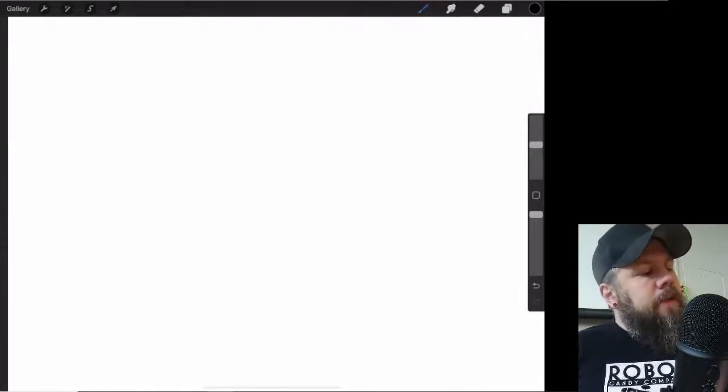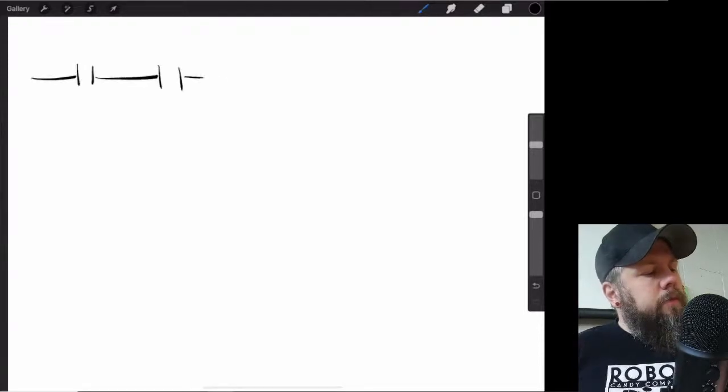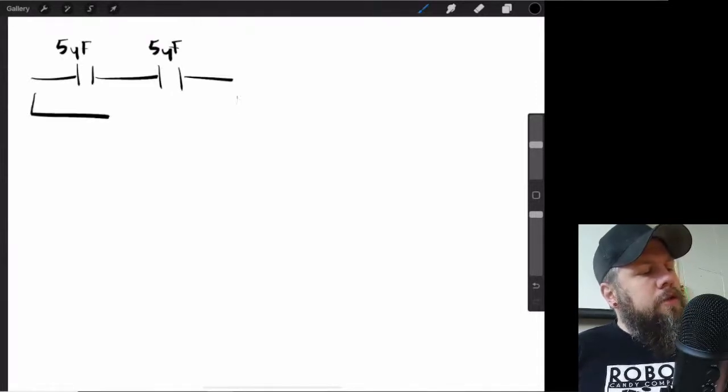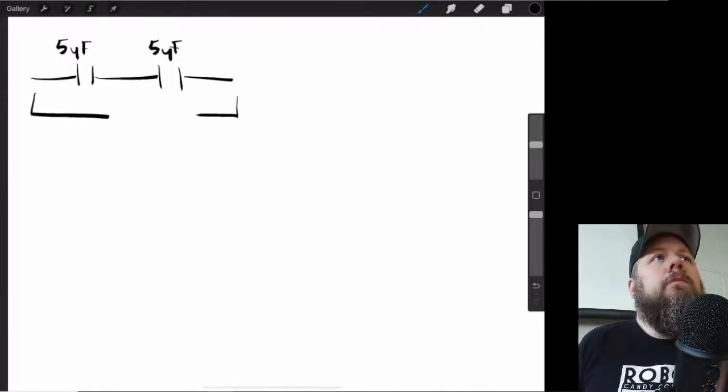Now, what about capacitors? If I have a capacitor that's in series with another one, and I have 5 microfarads, and I have 5 microfarads, how much total capacitance do I have? Capacitors are the odd man out. Okay.